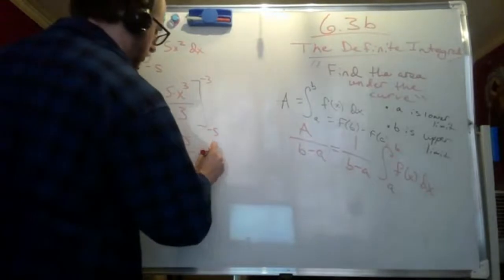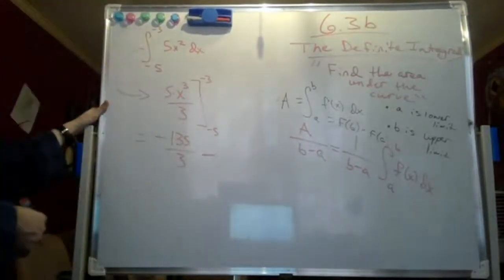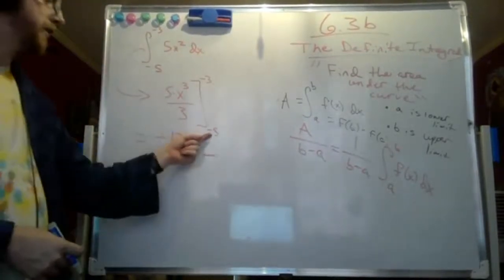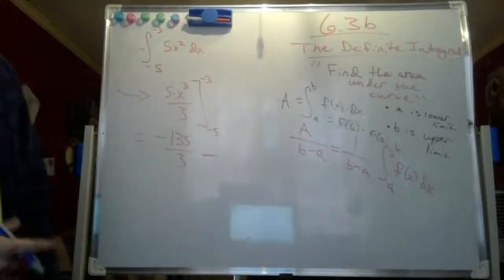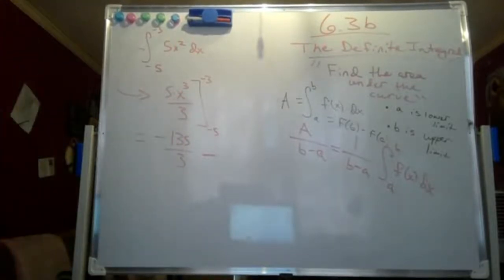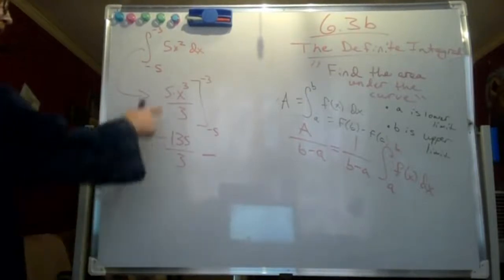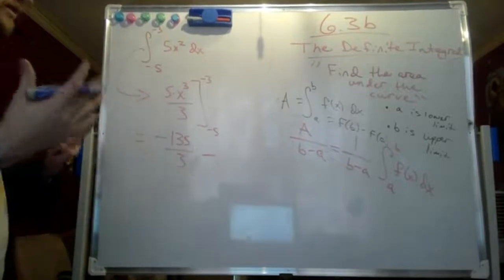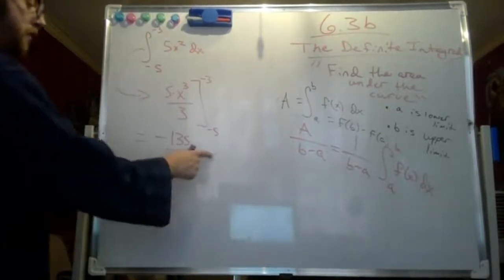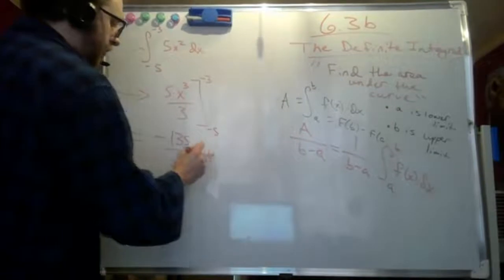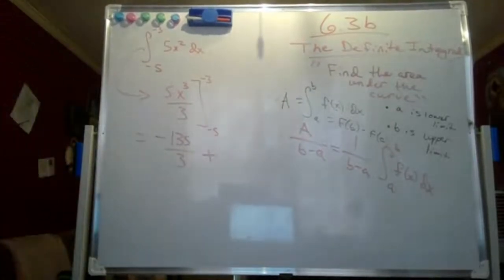Now I want to subtract the lower limit. So I'm going to plug in -5. -5 cubed, that's 125. Well, that's a -125. But a -125 times 5 is still going to be a negative number. So when I have a minus negative, double negative, make this positive.